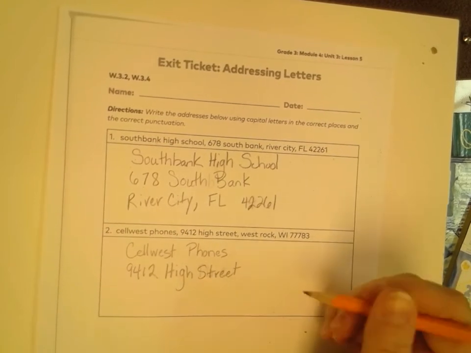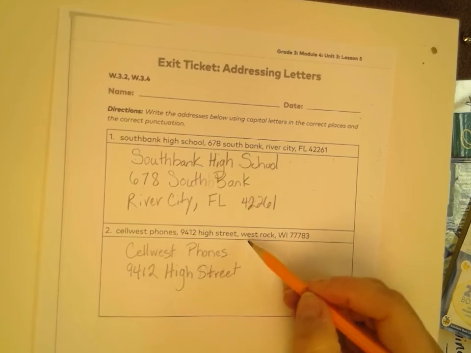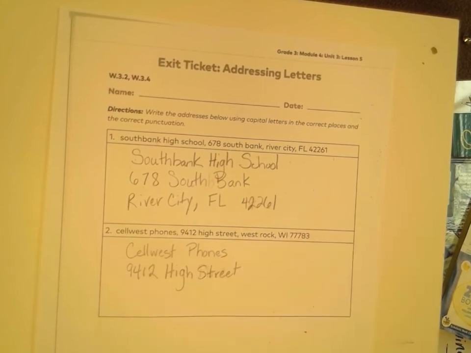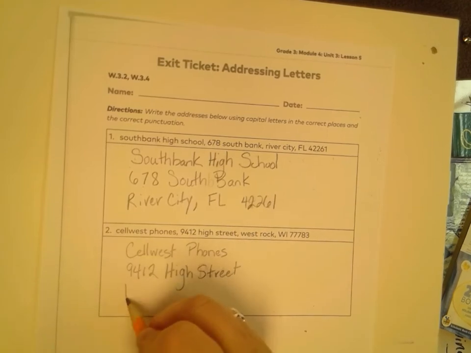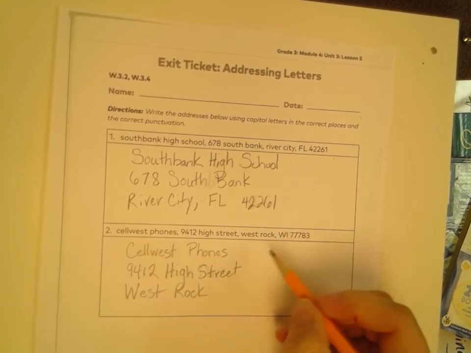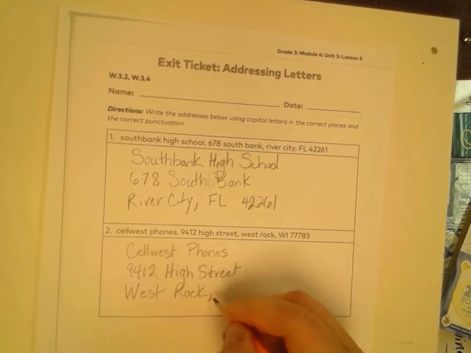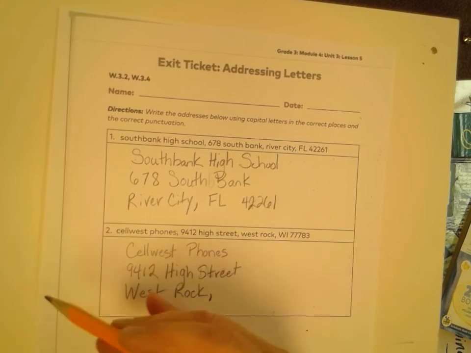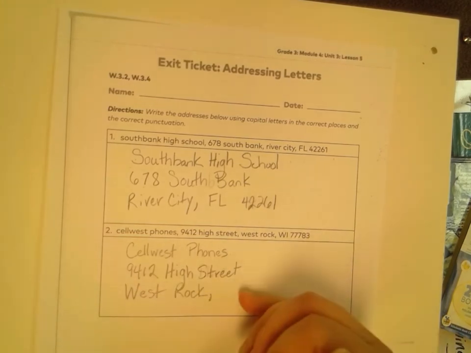High Street. And then the next part is West Rock. West Rock is the name of the city or the town, so we need a capital W, West Rock. And there's our comma again, because we separate the name of our city from the name of our state with a comma.